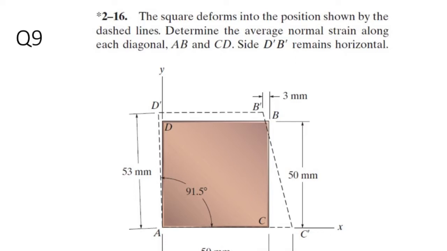The angle ABC is already stated, which is 91.5 degrees. The sides of the square and the rhombus are also given, which are 53 mm and 50 mm. Here we need to determine the average normal strain.